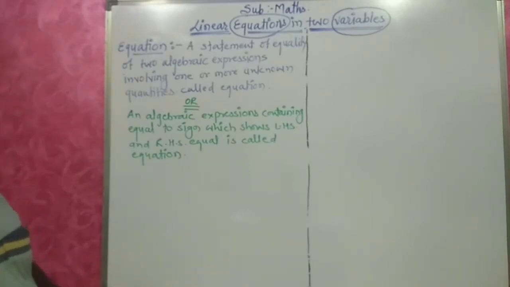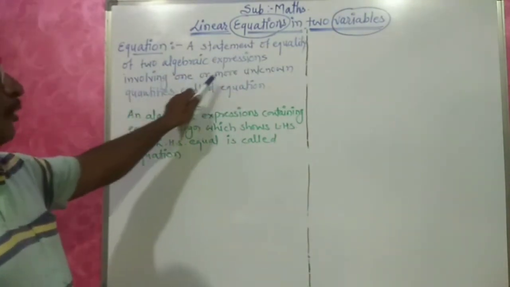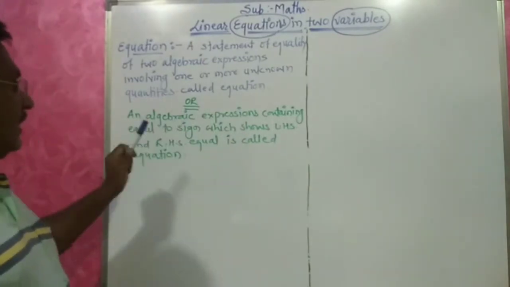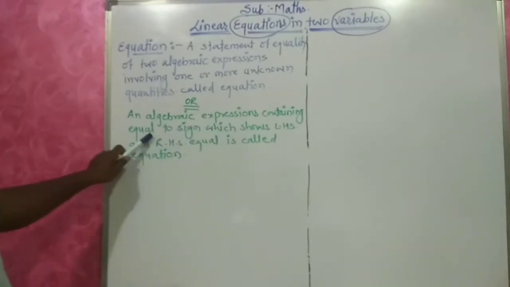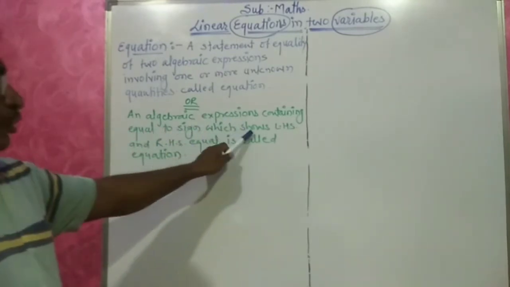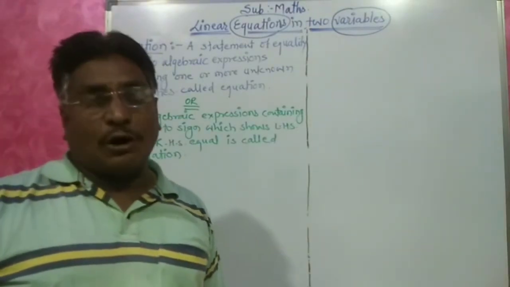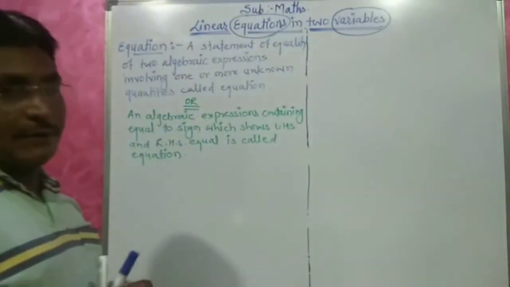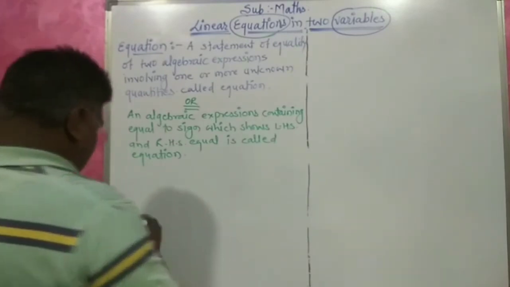What is the meaning of equation? A statement of equality of two algebraic expressions involving one or more unknown quantities is called an equation. Or another way we can write the definition: an algebraic expression containing the equal to sign which shows left hand side and right hand side equal is called an equation. So hope you understand, student. Equation. So what is the meaning of equation in one variable?